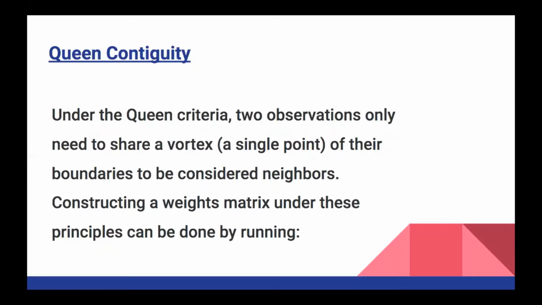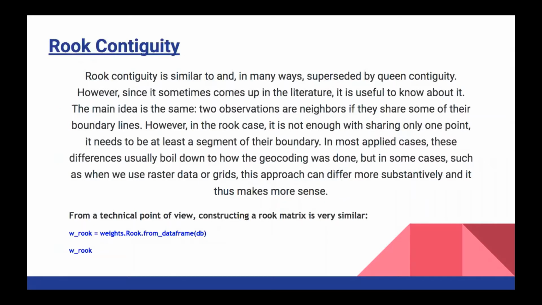So it depends on your research work or the problem you want to solve whether this type of contiguity will work for you or not, as we will see in a practical sense when we start. Constructing the weight under this principle can be done by running a code, which I will show later.